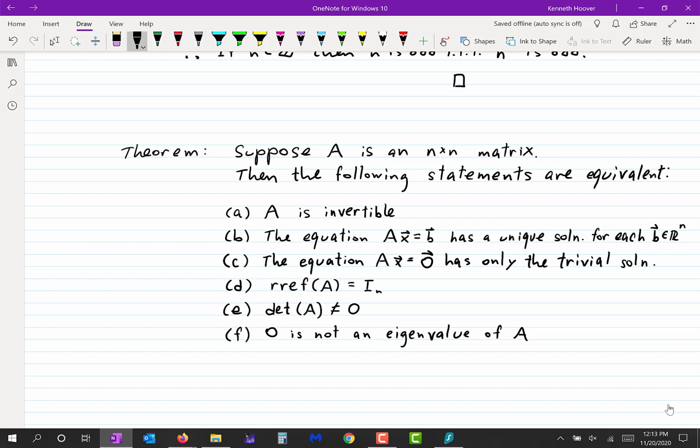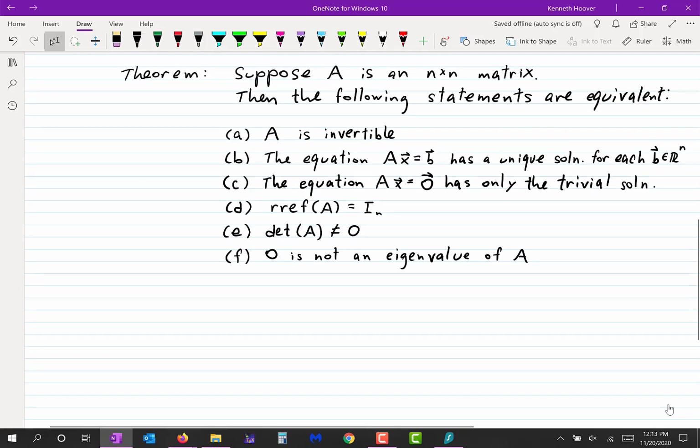So this is what it is saying. Let's see if I can label all 15. It's saying that statement A is equivalent to statement B, and statement B is equivalent to statement C. Here, let's actually write that on a separate line.